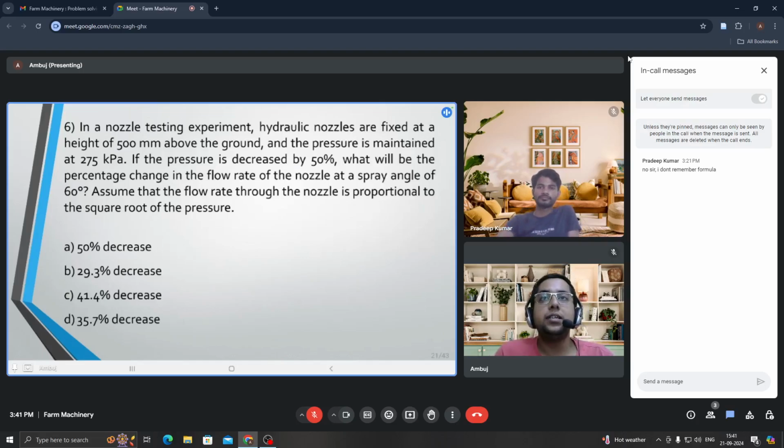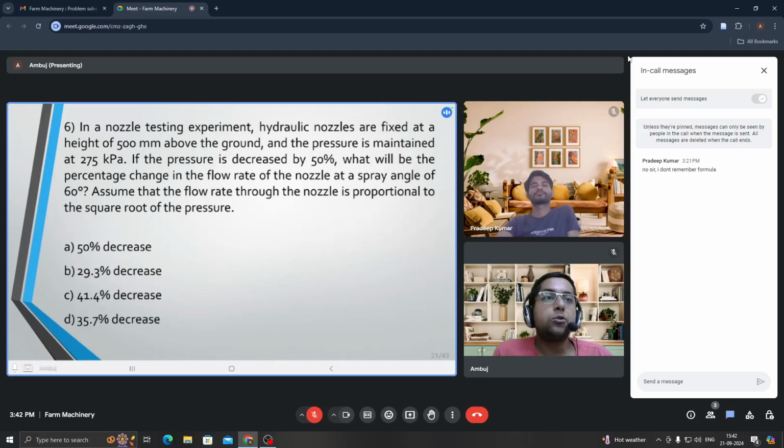What would be the percentage change in the flow rate of the nozzle at a spray angle of 60 degrees? Assume that the flow rate through the nozzle is proportional to the square root of the pressure. The last line was not in the question; I intentionally gave it to you so that you don't get confused and the question becomes clear.